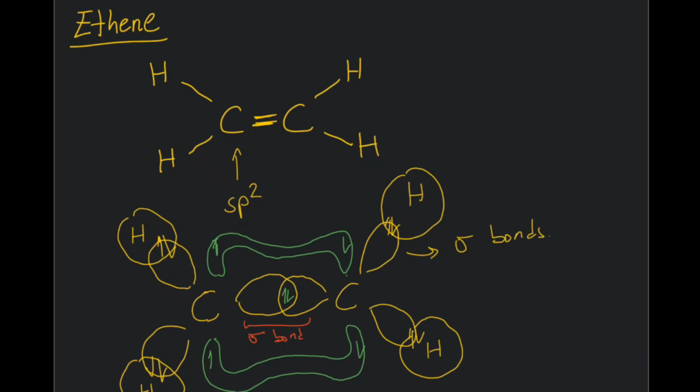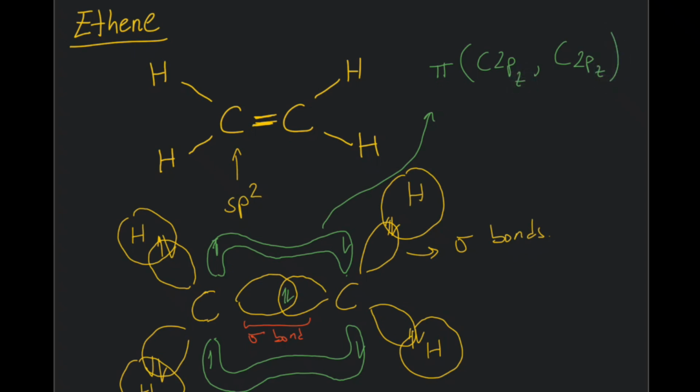We can write this pi bond as pi, carbon 2pz, comma, carbon 2pz.